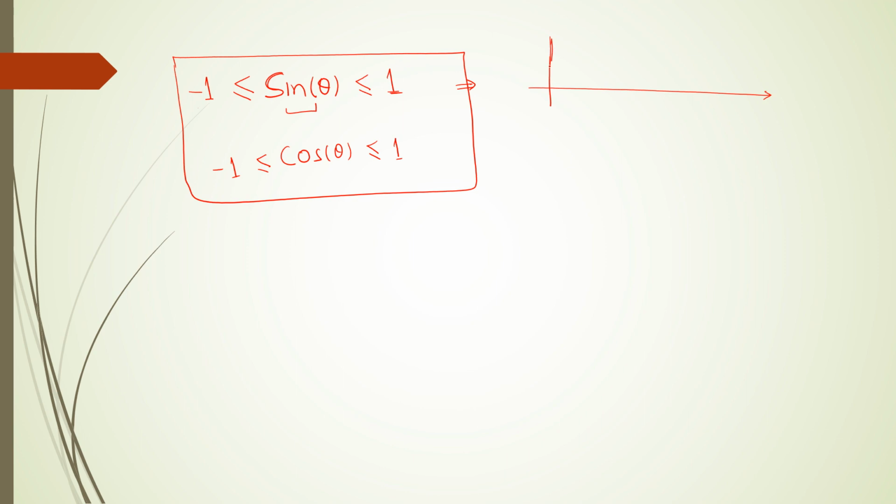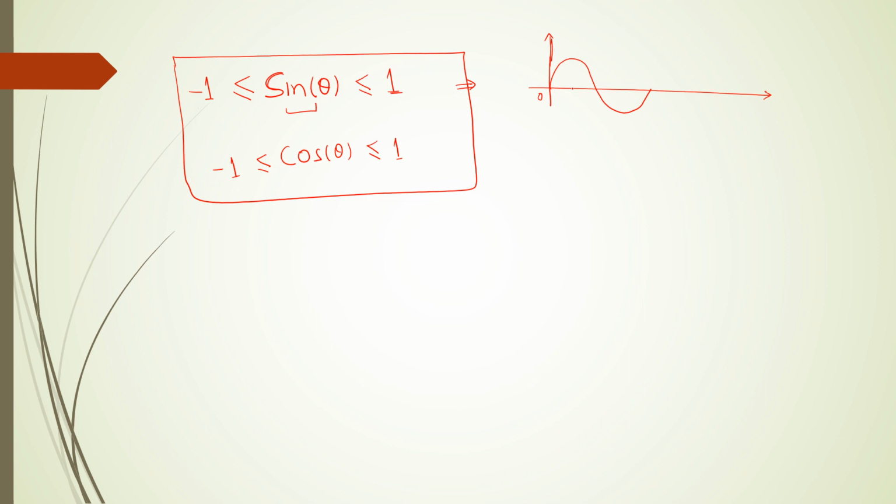If you have to plot the sine of theta curve, you will plot it in this fashion. Here it's 0, and here it's pi by 2.